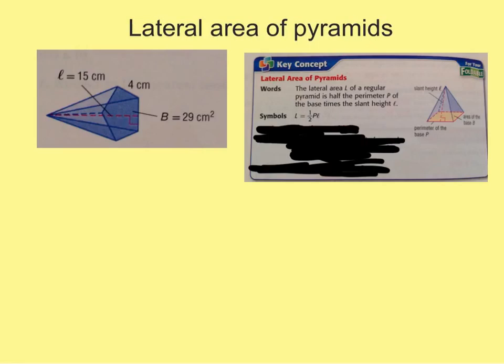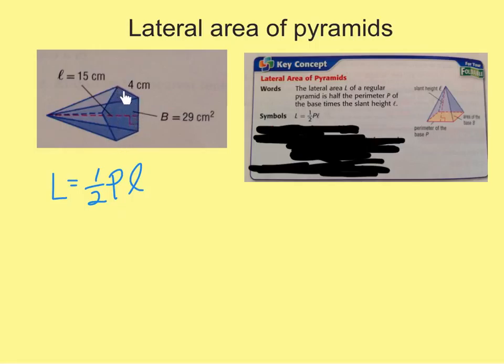All right, let's look at an example of finding lateral area of a pyramid. So we have our pyramid right here, and we're going to start out by writing our formula. Once we find the perimeter and the slant height, we can put those numbers in here. The perimeter, remember, is the perimeter of the base.